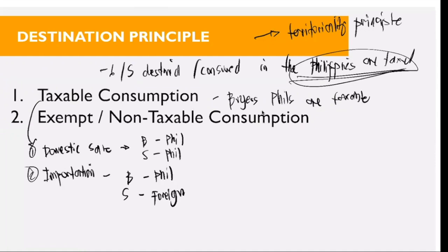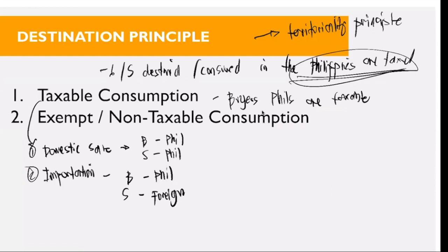First, a domestic sale, and second, an importation. So when is there a domestic sale? There is a domestic sale if the buyer and the seller are both from the Philippines. Importation is if the buyer is from the Philippines and the seller is from a foreign country.